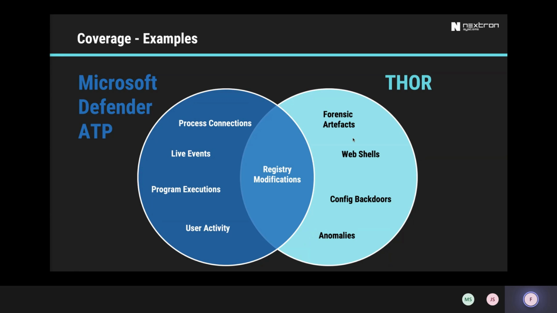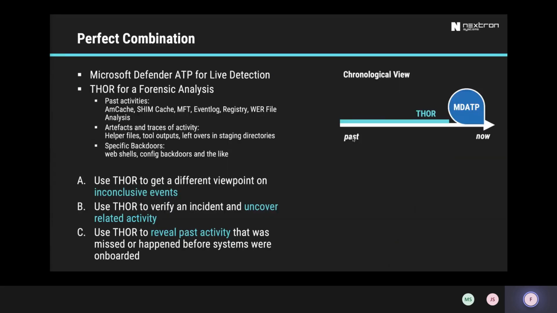But we can also look at it from a different vantage point, a chronological view that sometimes helps people understand what's the difference to EDRs, or in this case, Microsoft Defender ATP. When we look at it, Microsoft Defender ATP is good for live detection, and THOR is a forensic scanner for forensic analysis.